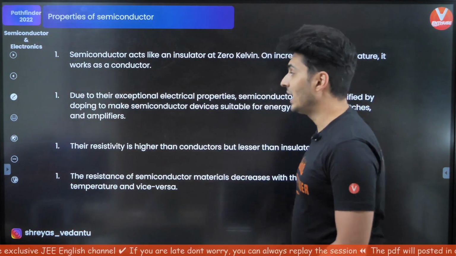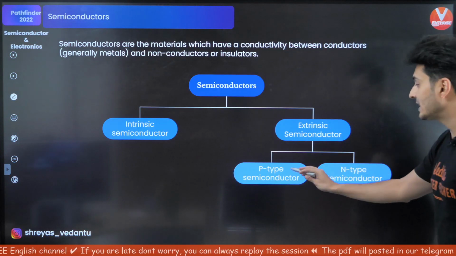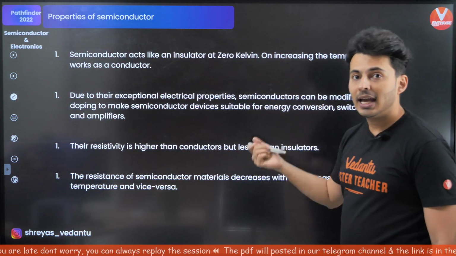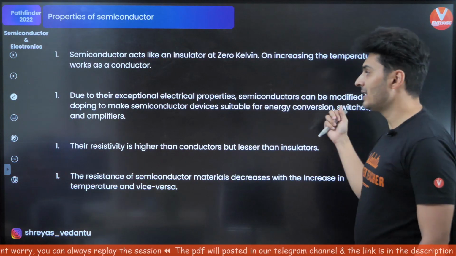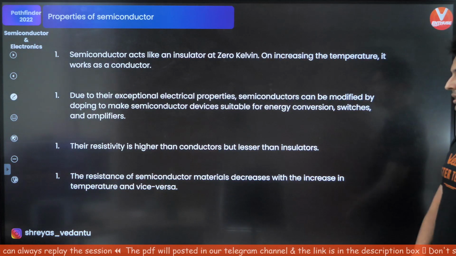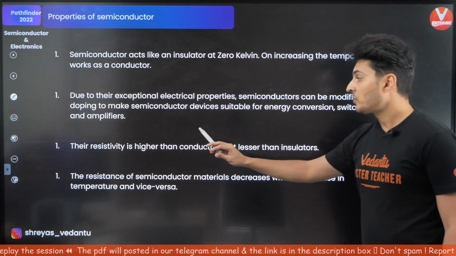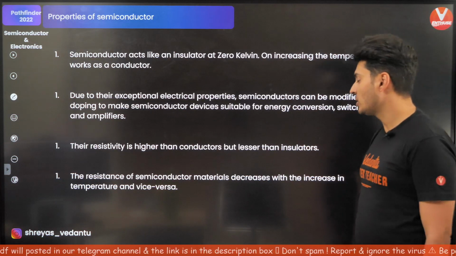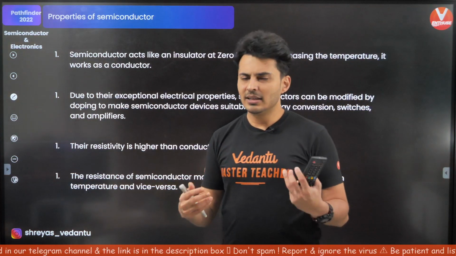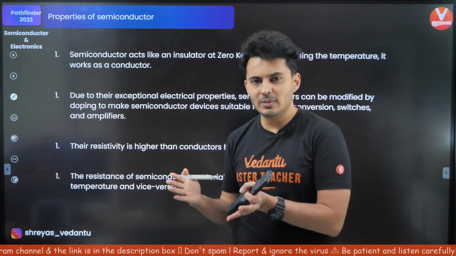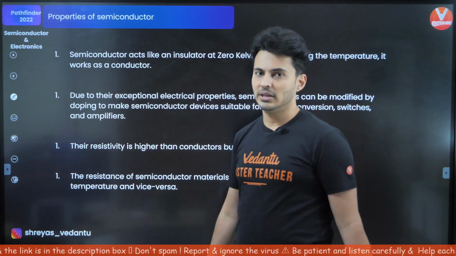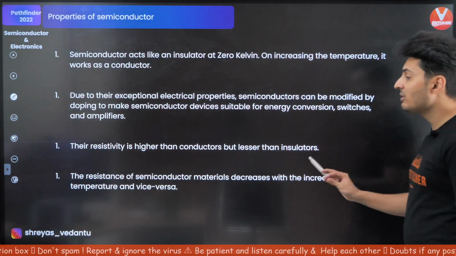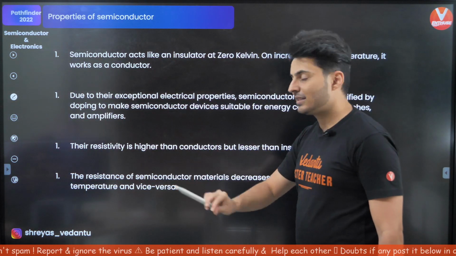External factors, you change, alter the behavior which can affect the conductivity of the semiconductors. Very interesting thing that you can do with it. Also, the resistivity is higher than that of conductors but lesser than insulators. Yes, makes sense. It's somewhere between conductors and insulators. Makes sense. And the resistance of these materials decrease with the increase of the temperature and vice versa.